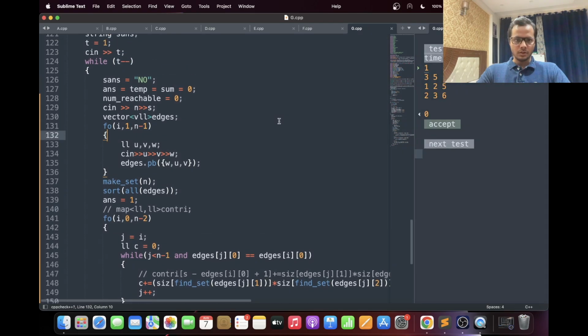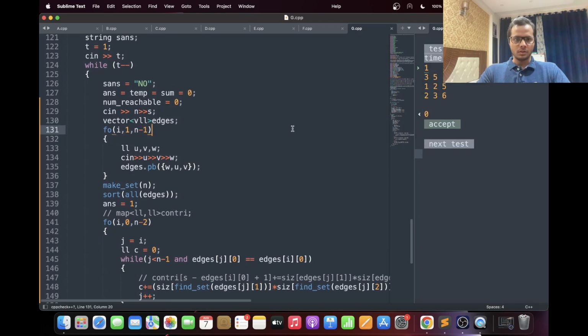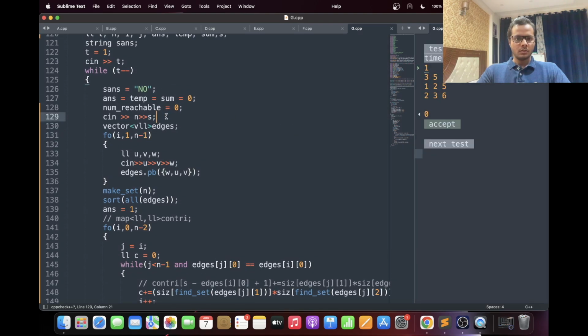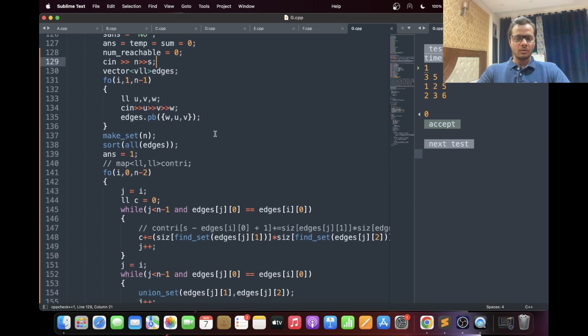Wait, how can we even get a 0 here? Wait, what? Okay, so we are getting a 6. 6 is not possible, so let's say 10. 5 is correct because we can either leave this edge from 1 to 3 empty, or we can add anything from 7 to 10.